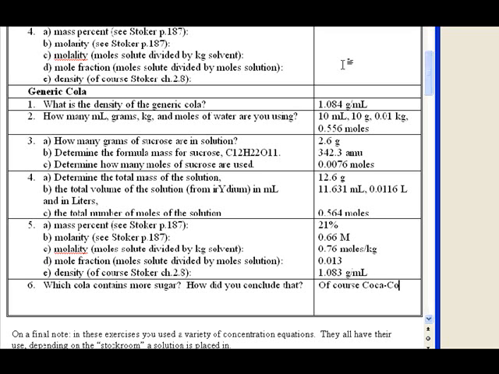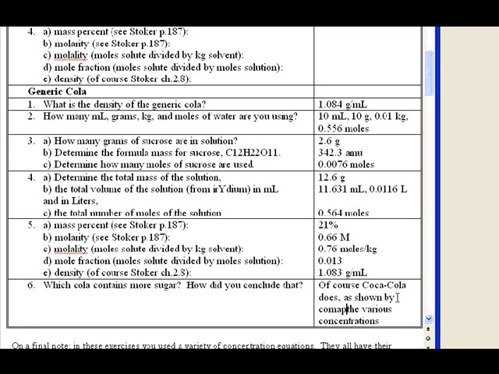And that concludes my example of this part of Lab G.